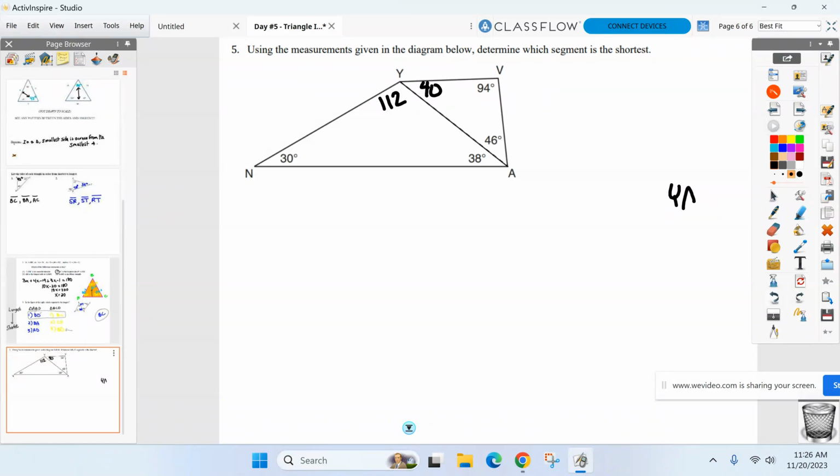So again, I'm going to have you do the same thing we did before, but now, since I'm looking for the shortest side, I want you to rank them from shortest to longest, so I can see the 2 shortest ones right up top.